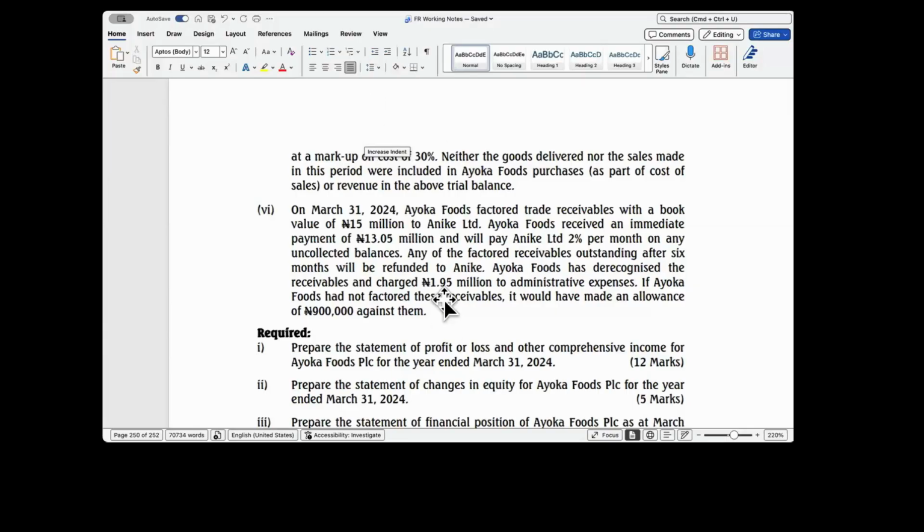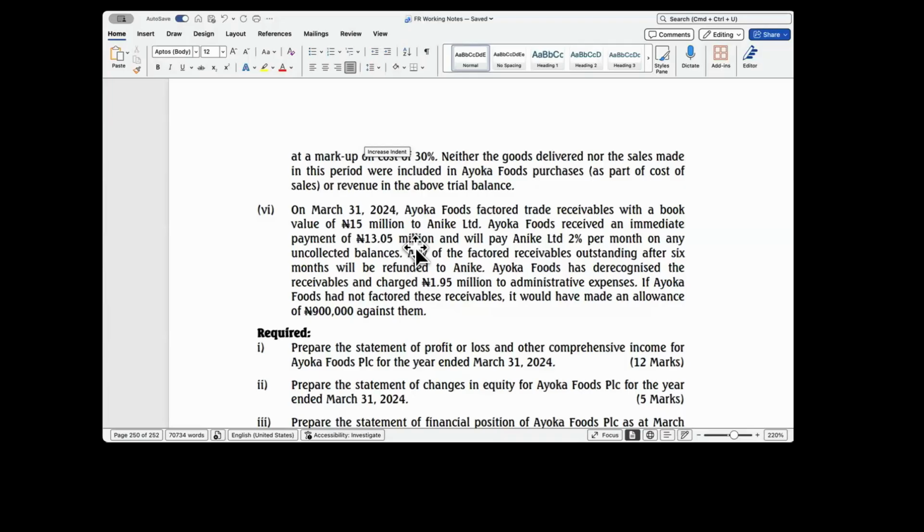So what's happening here is this, we need to make some adjustments. Number one, they told us that they derecognized the receivables. We need to recognize it back. Number two, this 13.05 million that is recognized as what he used to cancel out the receivables, no, it cannot cancel the receivables. It's going to be recognized as a loan.